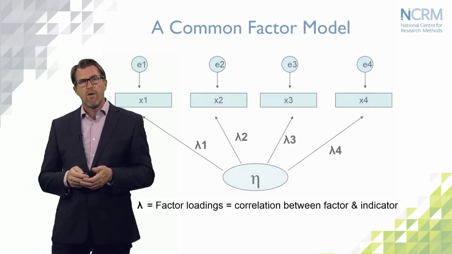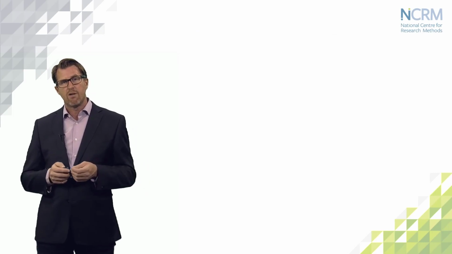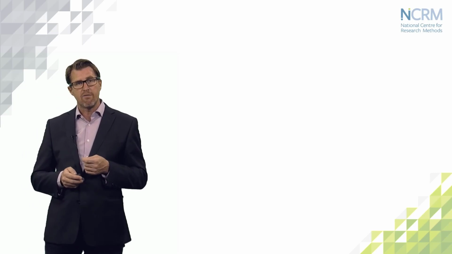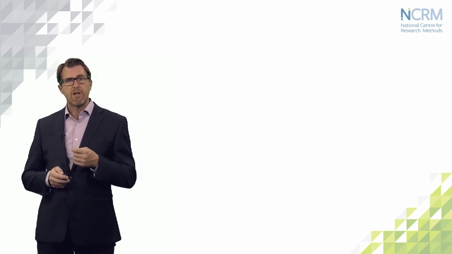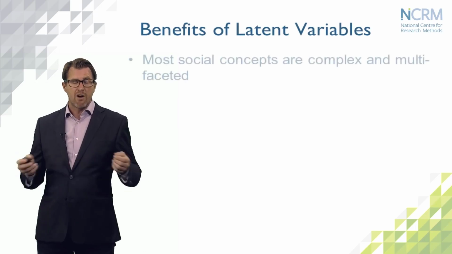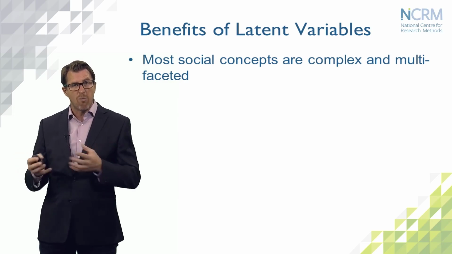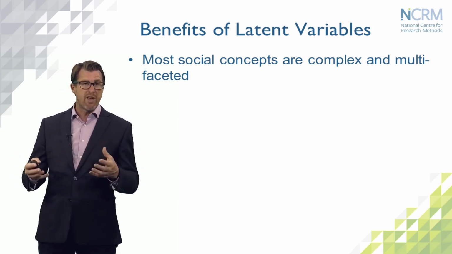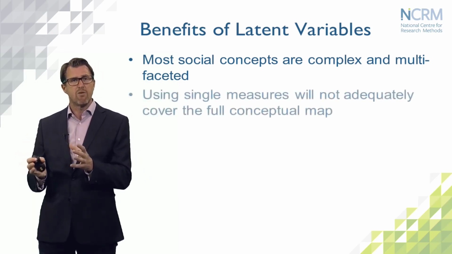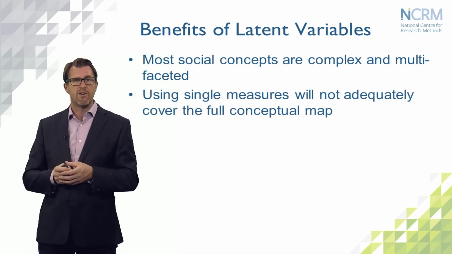So, if we are able to measure our constructs with multiple indicators, we can apply latent variable models, and this brings a number of benefits. Well, firstly, the kinds of things that we're interested in modelling in social science are generally complex and multifaceted. If we think of happiness, for example, it's difficult to come up with a single question which covers all aspects of a person's individual well-being.